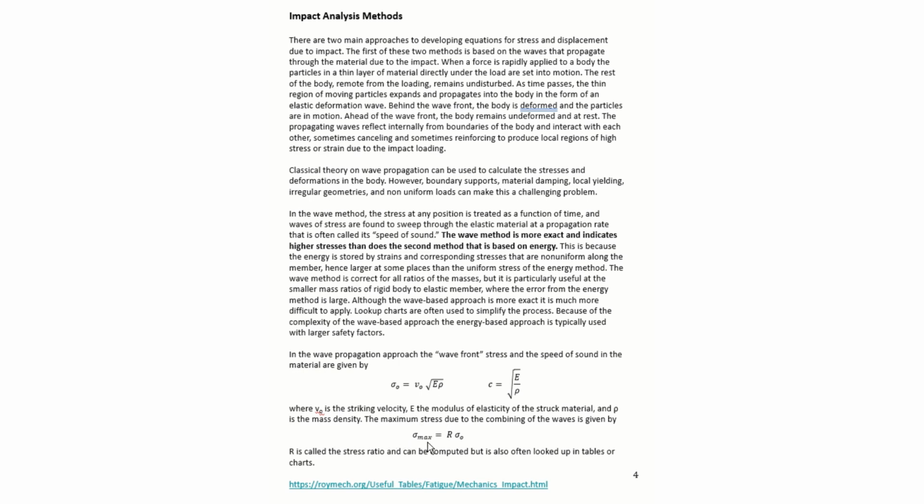And what we end up getting is a maximum stress that is equal to this original stress, sigma naught, or nominal stress, we could call it, multiplied by R. And R is a ratio that lets us determine the maximum stress. And it's simply called the stress ratio.